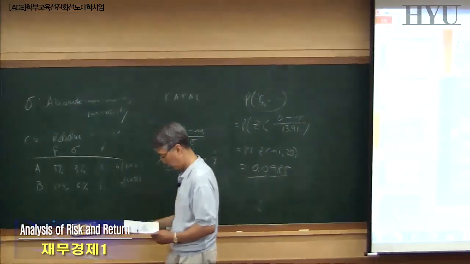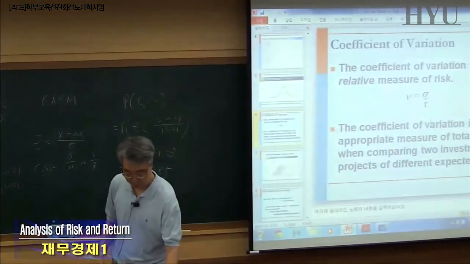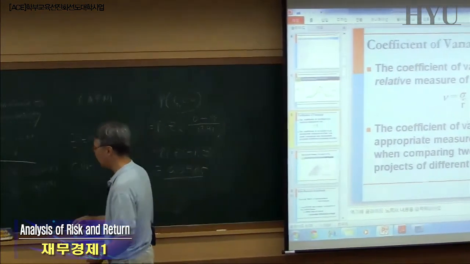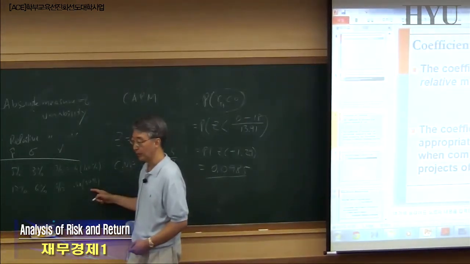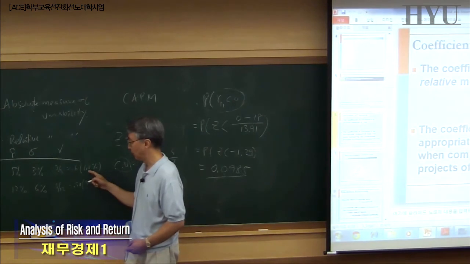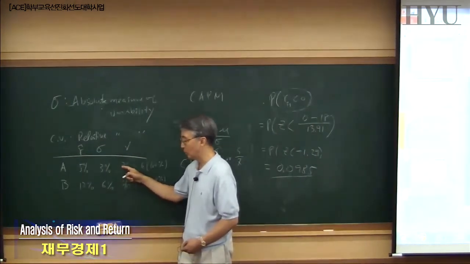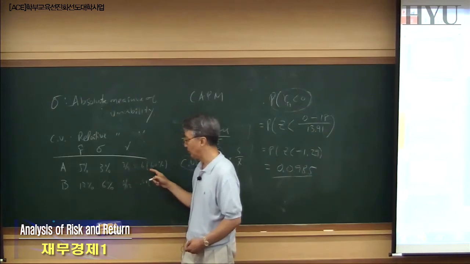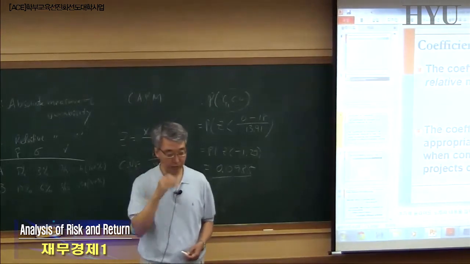Is that right? Okay. So compared to the return, the amount of risk is only 50% in the case of stock B. But for stock A, the 3% standard deviation becomes 60% variability compared to the return.